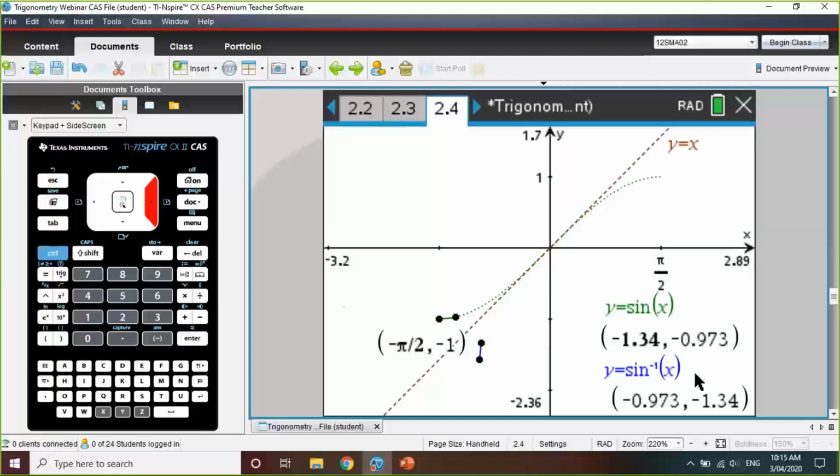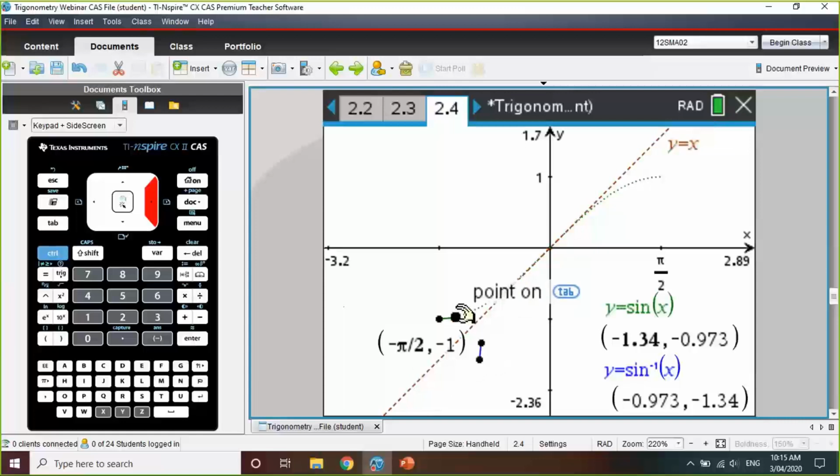So in terms of the graphs, just like with any sort of inverse function, there are 2 ways we can think about it. So as we saw before, to find an inverse, we need to swap X and Y. So this green dotted line here is our sine function with the X and Y coordinates. And the inverse sine will appear in blue, where we swap our X's and Y's. And then the other way of thinking about it is we're going to reflect these graphs in the line y equals x.